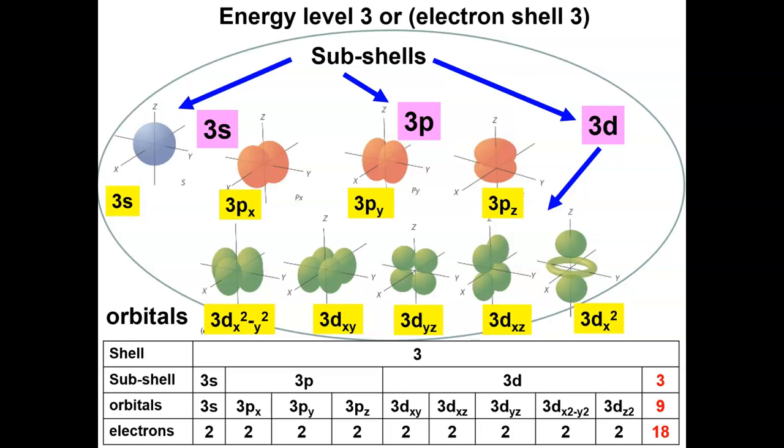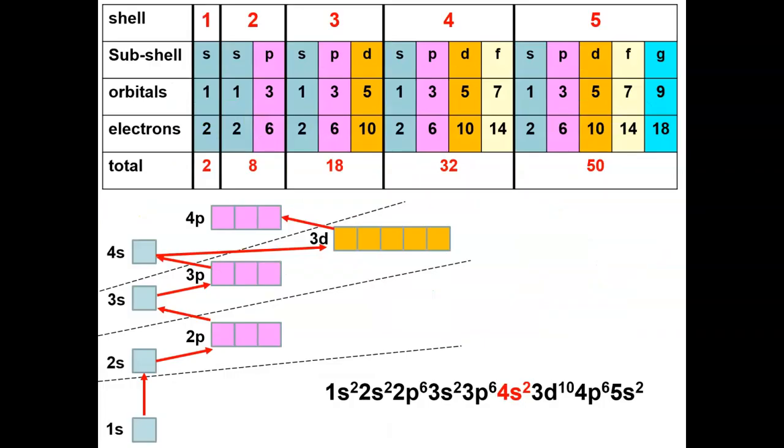So what I have done is I've converted this information into a single table, which I think we've already seen, or at least I've shown you. So here is our summary table, and as you can see across the top, shell 1, 2, 3, 4, and so on. The subshells follow the nice pattern, 1 for shell 1, 2 in shell 2, 3 in shell 3, and 4 subshells in shell 4, and obviously 5 in shell 5.